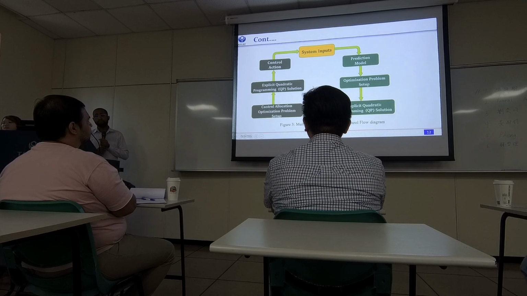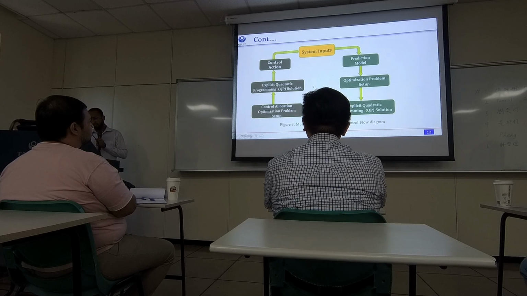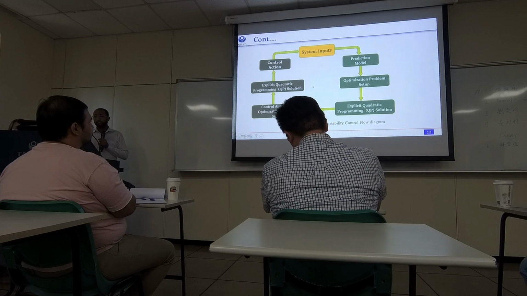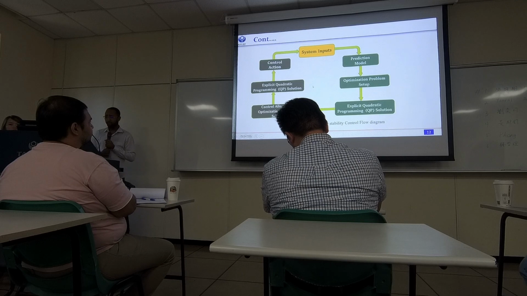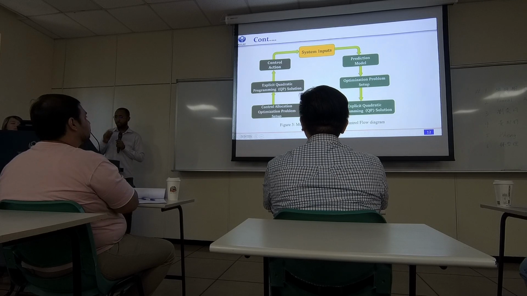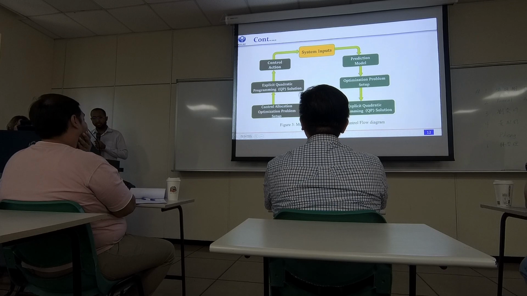So generally, the multi-input vehicle stability control flow diagram will be this. We have the system inputs, the state inputs, and the control inputs, and we'll set the predictive model, and we'll set the optimization problem setup. This problem setup will be optimized using explicit quadratic programming, and after having this solution, we'll set the control allocation optimization problem setup.